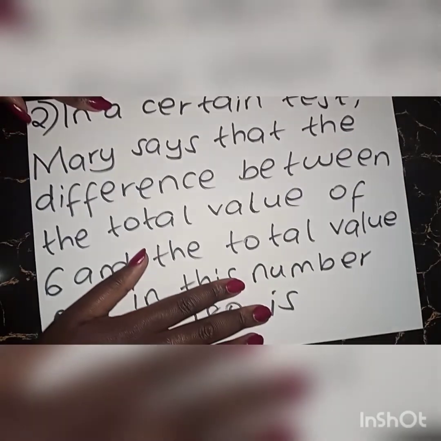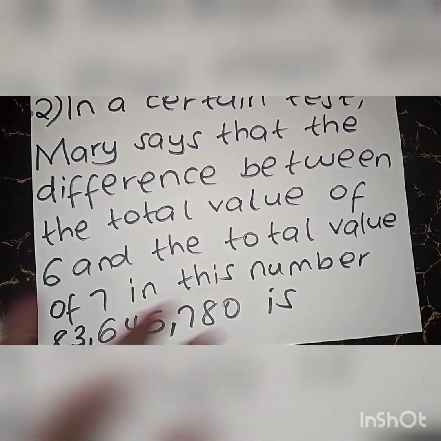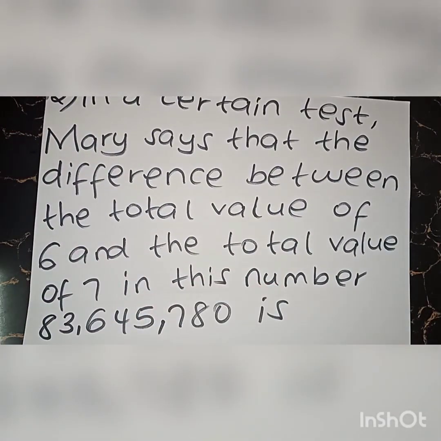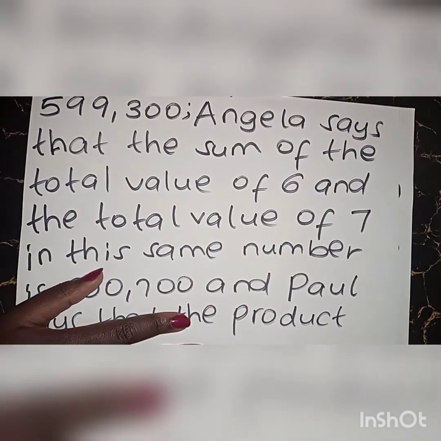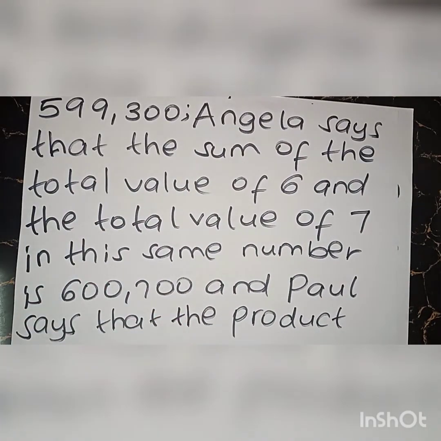The second question that I want to leave you with is, in a certain test, Mary says that the difference between the total value of 6 and the total value of 7 in this number here is this, 599,300. Angela says that the sum of the total value of 6 and the total value of 7 in this same number is this.